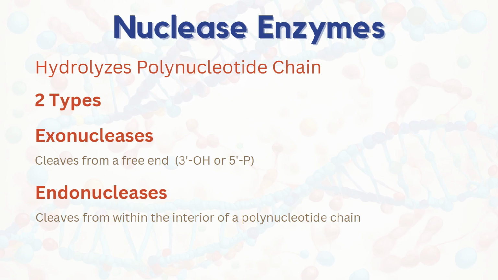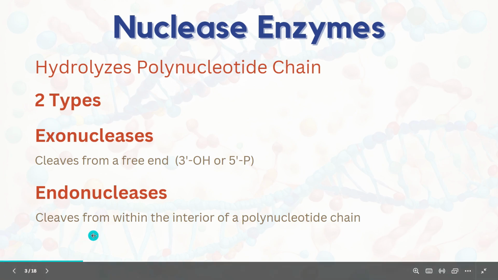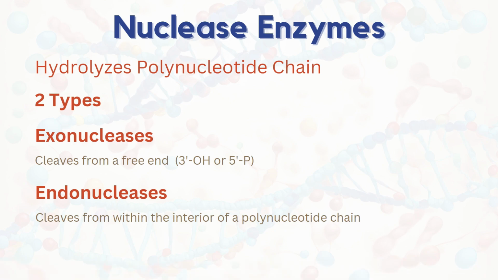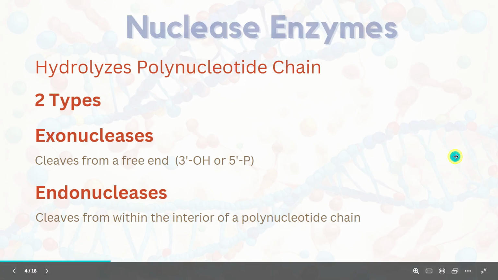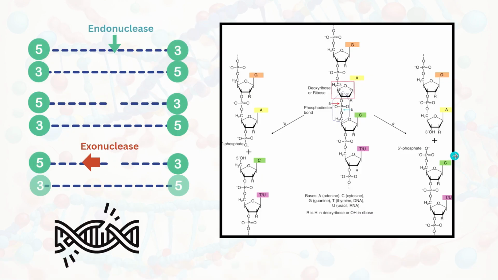eventually digesting the entire polymer. Endonuclease enzyme also attacks one of the two sides of phosphodiester linkages, but it reacts with those bonds that occur within the interior of a polynucleotide chain. If the polynucleotide chain is single stranded, as for example viral DNA, such an attack will obviously cut the chain into two pieces.